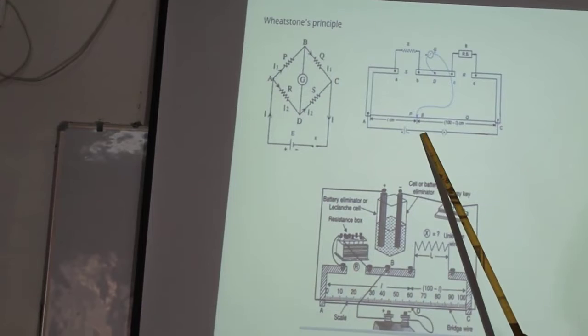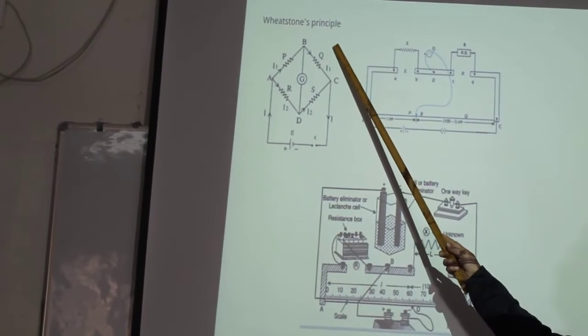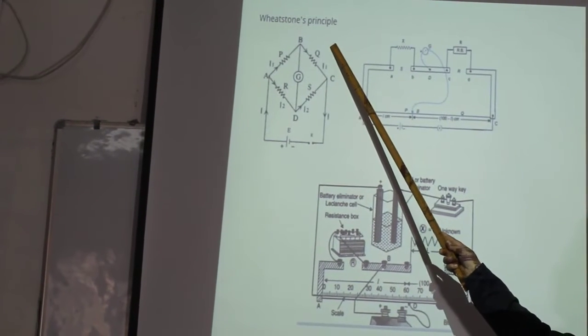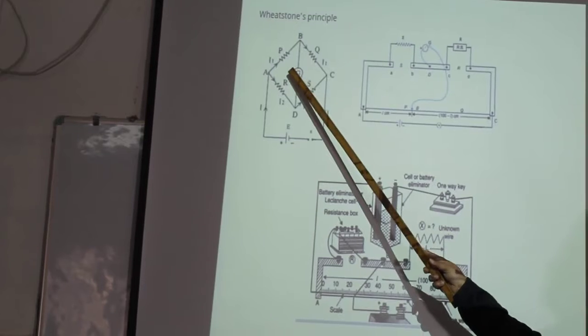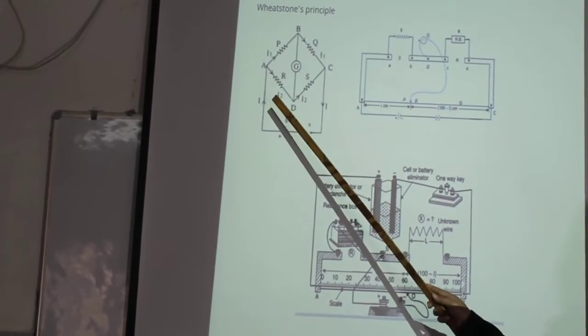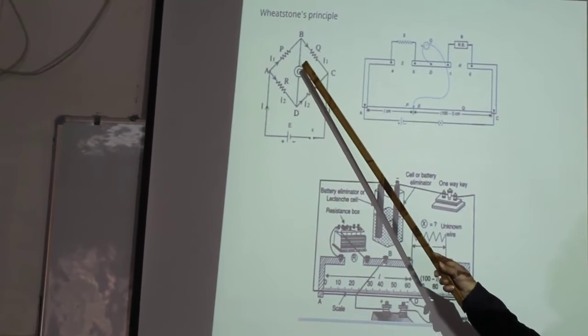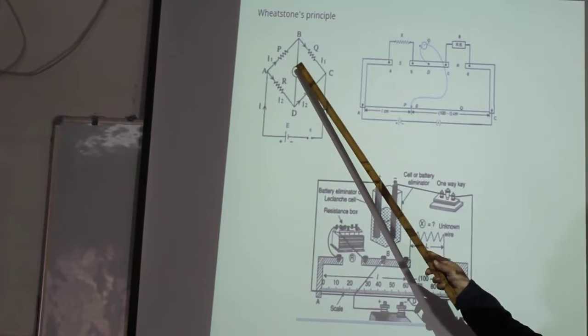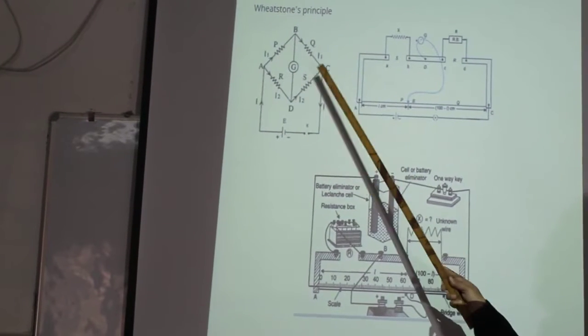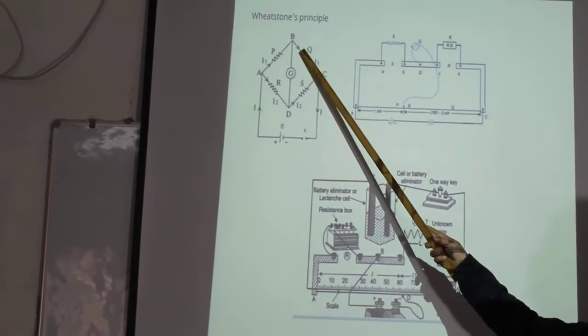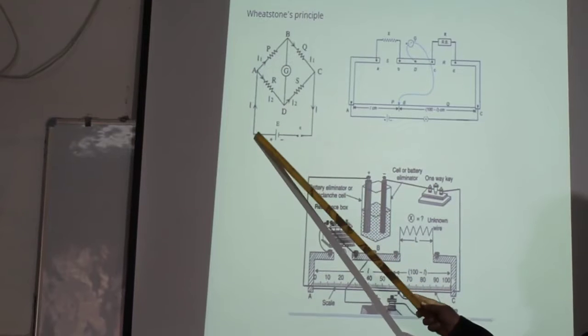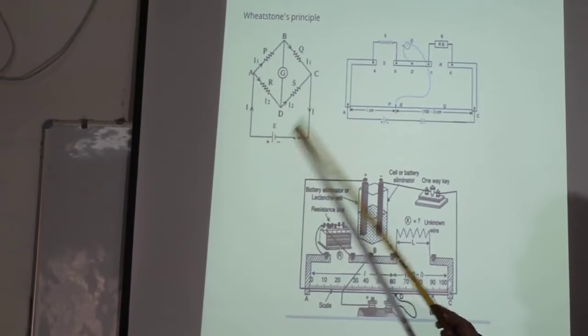Working of meter bridge is based on the principle of Wheatstone bridge. Wheatstone bridge is the combination of 4 resistances or 4 resistors of resistances P, Q, R, S along with a galvanometer. This is the source.